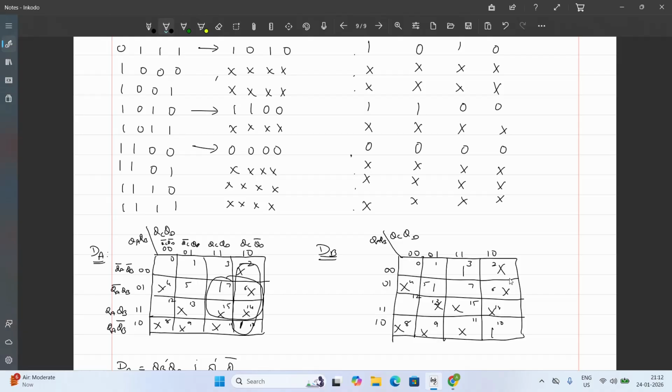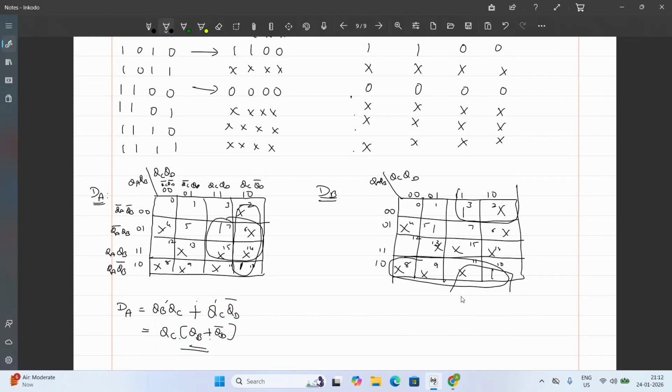So here again, this time let me go with this as the group, and then I can take this as a quad. Okay. Please, when you simplify a K-map, always start with the highest possible grouping, the bigger group. Okay, don't start with the smaller group. Start with the bigger group always.